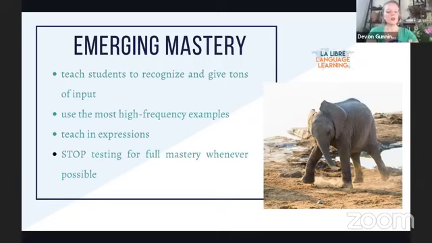What if instead we use the most high frequency examples and forgot about needing to teach every option that's out there when it comes to variations, especially in pretérito? Like there are some phrases, when I was living abroad and speaking Spanish every day, there were versions of the preterite that I didn't even use ever, nor did I hear in speech ever, but that were a very large focus of my Spanish minor.